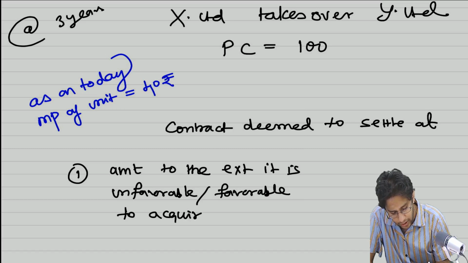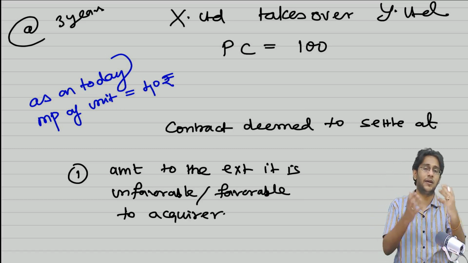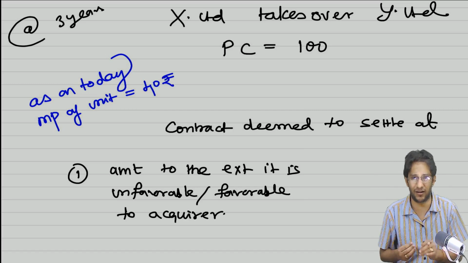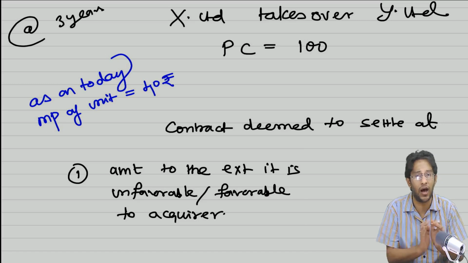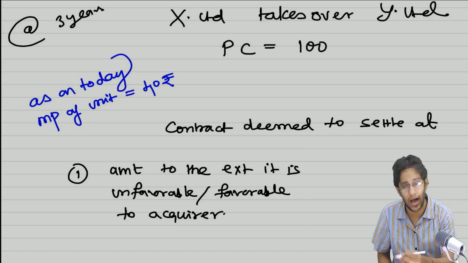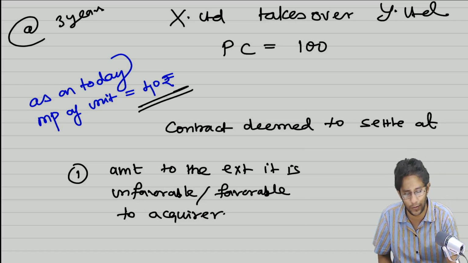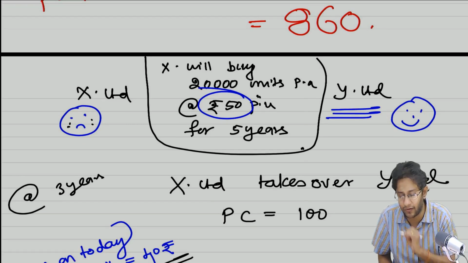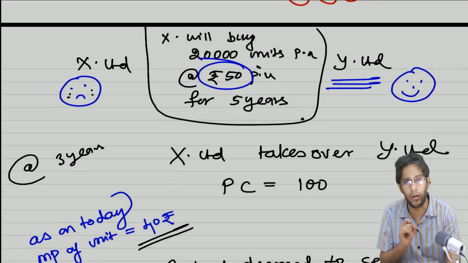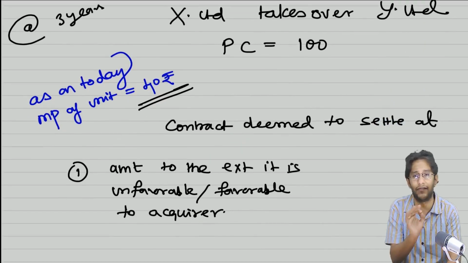Think only from acquirer point of view because you have to apply this entire acquisition method only in the books of acquirer. That's it. So from acquirer point of view, the contract is favorable or unfavorable. Suppose in this case, acquirer in the market can buy at 40 rupees only, but under this contract he is buying at 50 rupees. Therefore, it is unfavorable for him. That fellow is crying. So go and measure to what extent this contract is unfavorable for him.